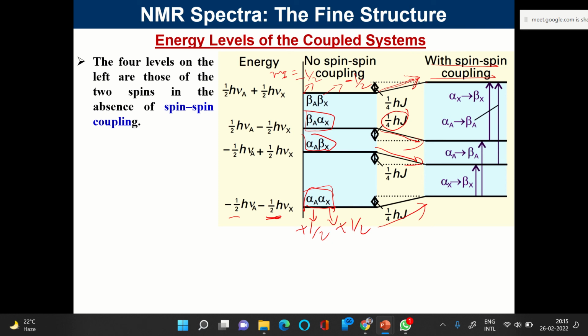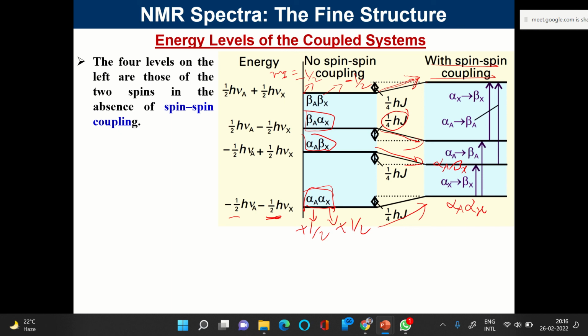That can happen now, and you can see the first transition, the first arrow. So you have alpha A, alpha X here, and it is going from alpha A to beta X. So there is only a change in the spin of the X position when the energy is absorbed. For the X, A remains the same.